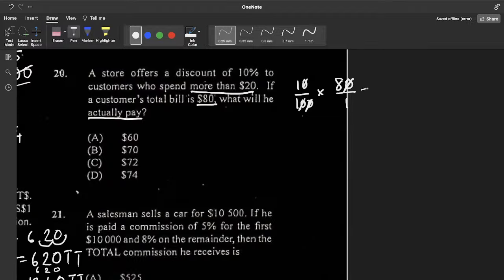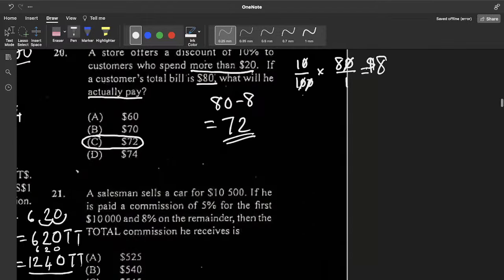So we end up with 8 times 1, which is 8. We have 8 over 1, which is basically $8. So we have $8 here. And if the original bill was 80, we'll just say 80, take away 8, which is 72. So then our answer is 72.